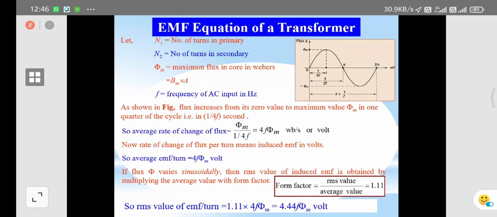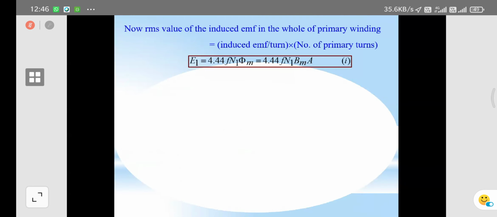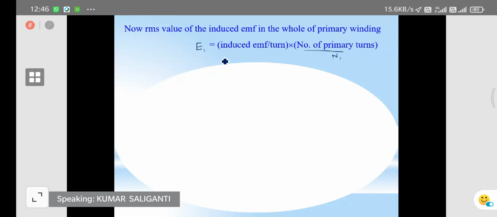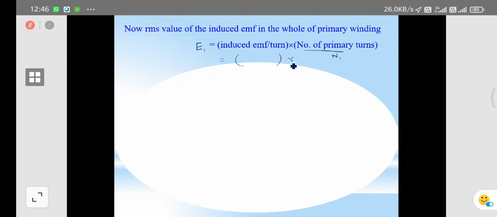So here E1 equals this induced EM per turn into N1, where N1 is the number of turns. Similarly E2 also.